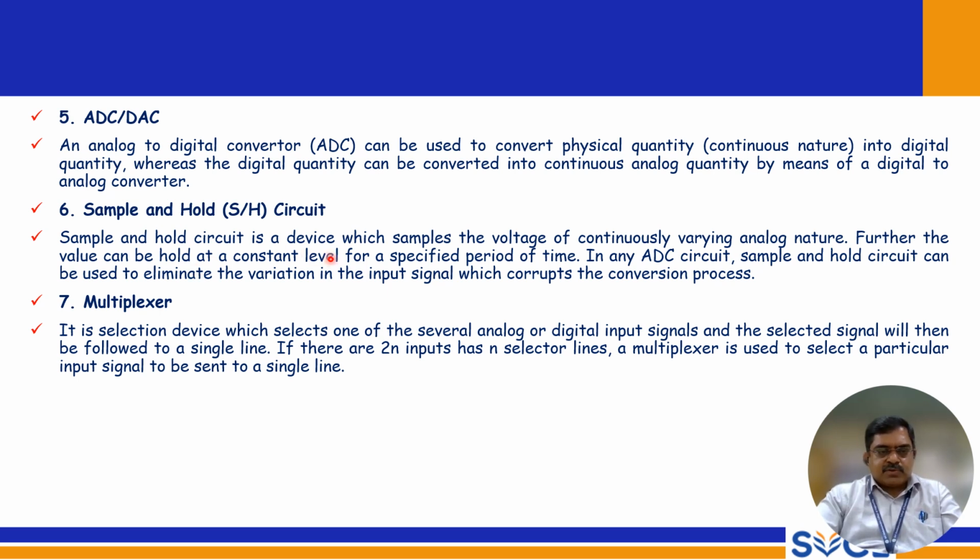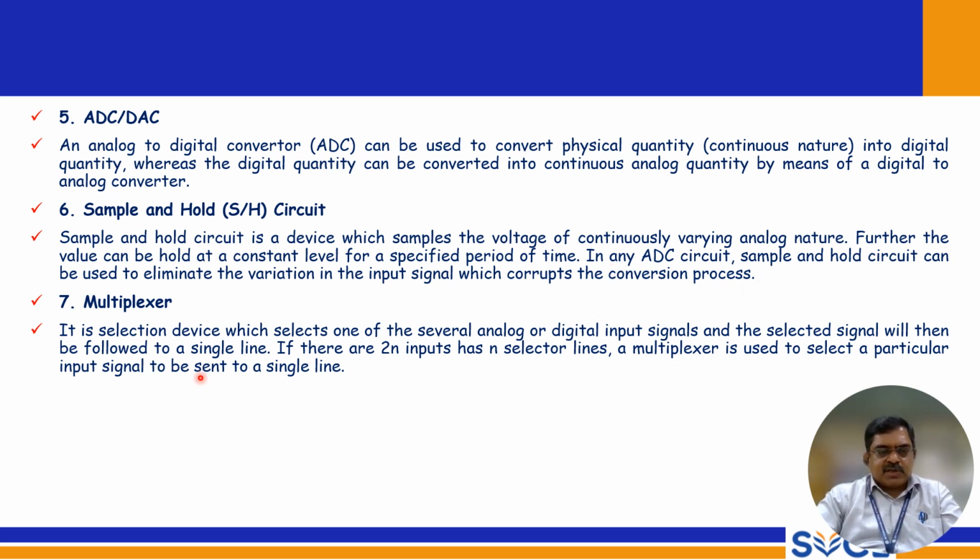A sample and hold circuit is a device which samples the voltage of a continuously varying analog signal. Further, the value can be held at a constant level for a specific period of time. In any ADC circuit, a sample and hold circuit can be used to eliminate the variation in the input signal, which corrupts the conversion process.